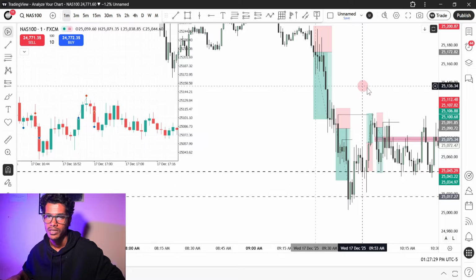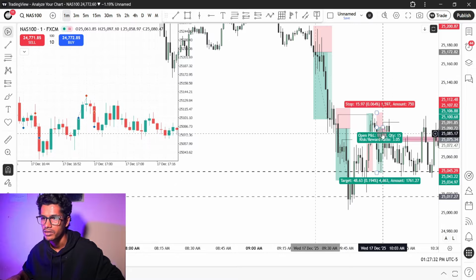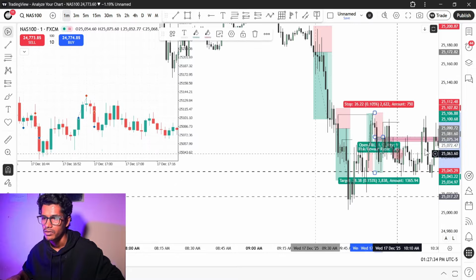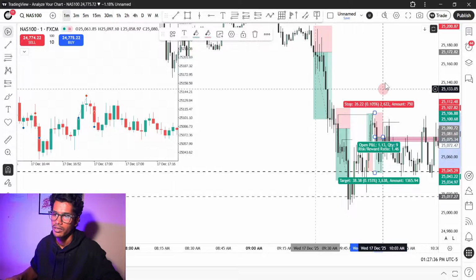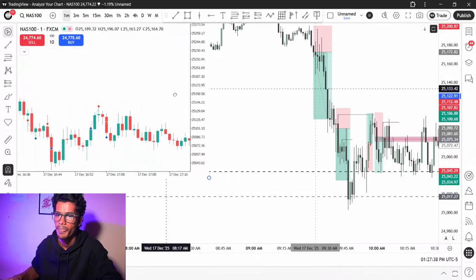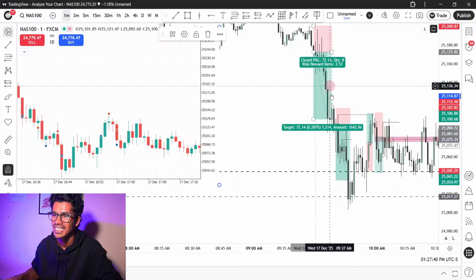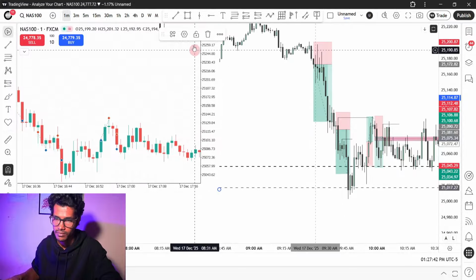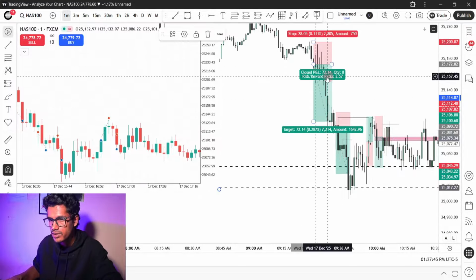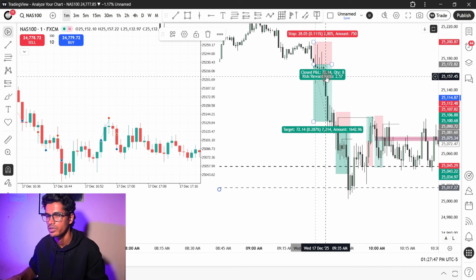Then last trade was here, as you can see. The last 2 trades were like 1:1, but these two are like a 1:2 or 1:3 trade.